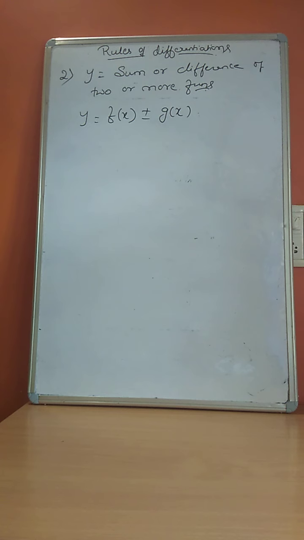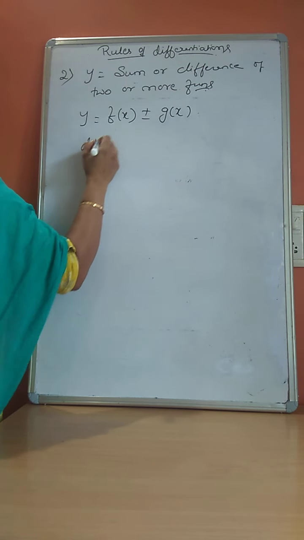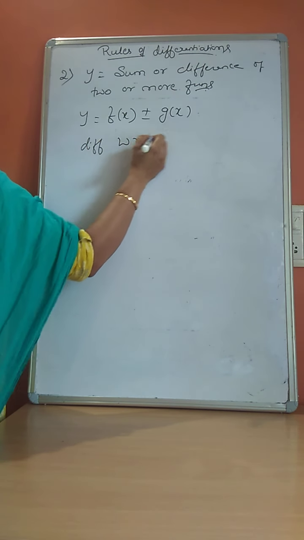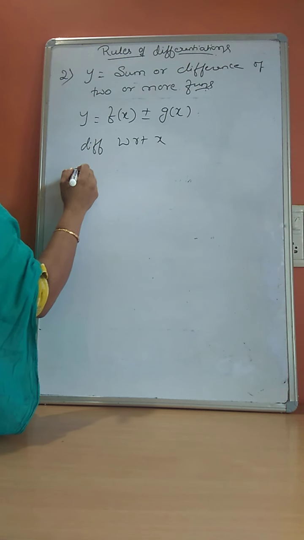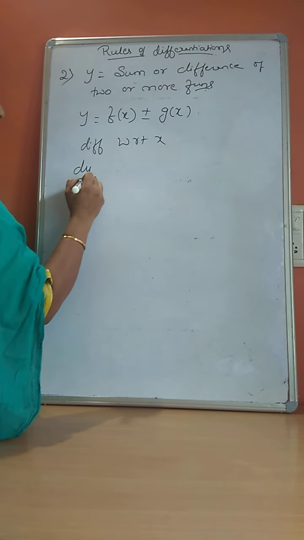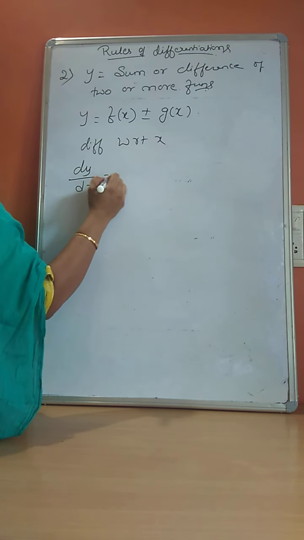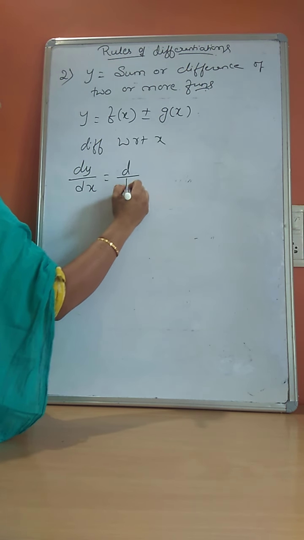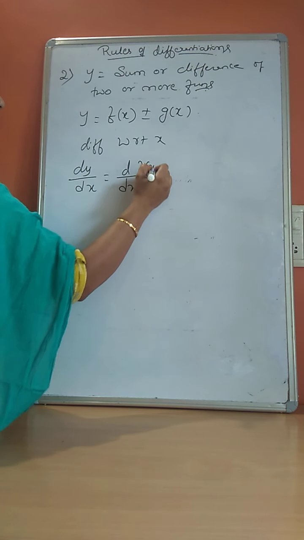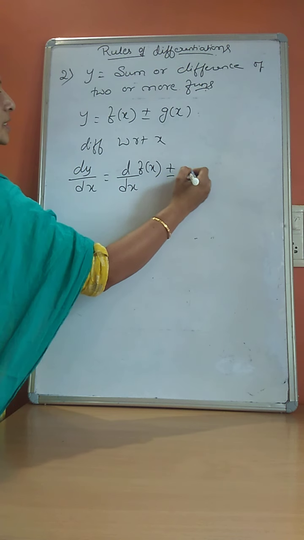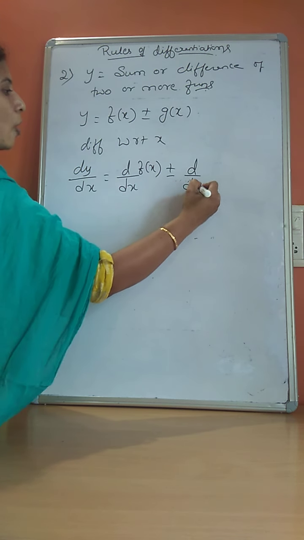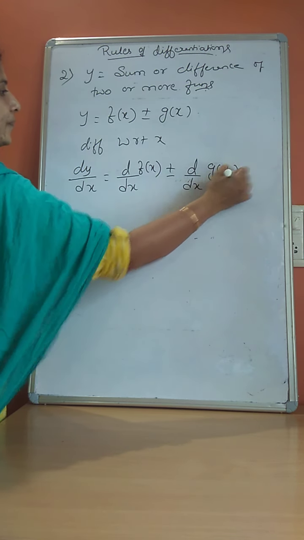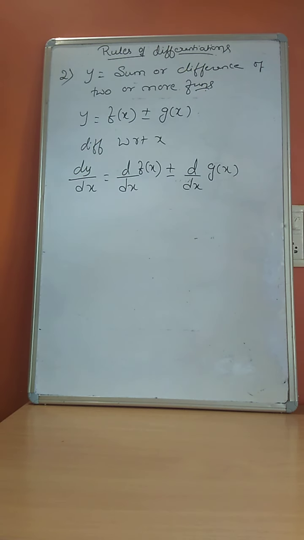If two or more functions are there, how do we differentiate? Differentiate with respect to x. If we go for differentiation, what do we get? dy by dx is equal to d by dx of f of x plus or minus d by dx of g of x. Differentiate separately.